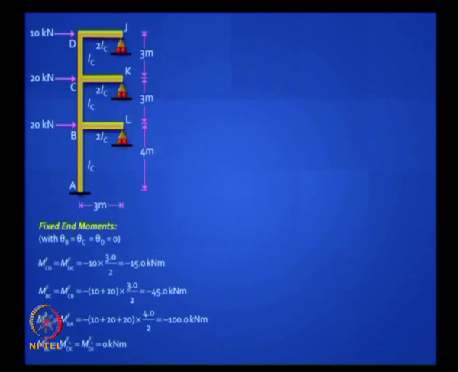Now how do we go about doing this? Well, first write down the fixed end moments, okay. Now what do we mean by fixed end moments? We are talking about a structure which is kinematically determinate, and we had identified only 3 rotational unknowns, theta B, theta C, theta D. We are not taking the sways as unknowns.